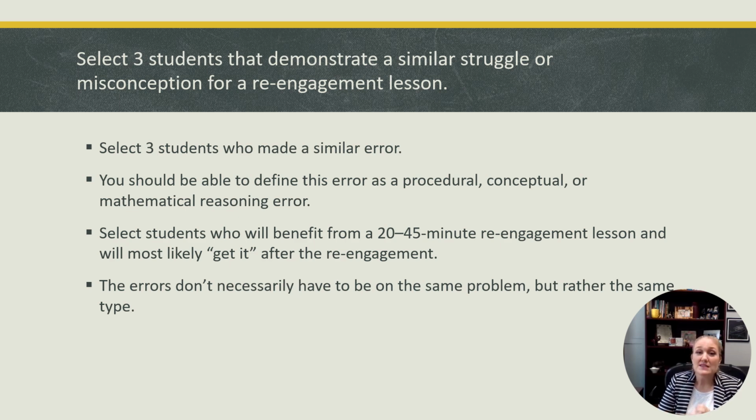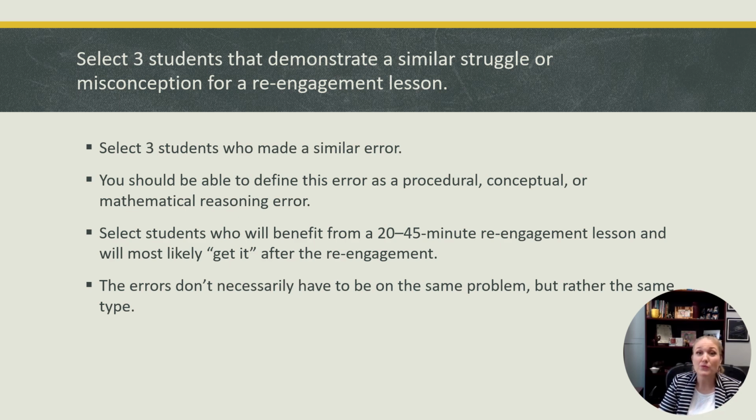You also want to select students that will benefit from a 20 to 45 minute re-engagement lesson, that they're going to hopefully get it after this re-engagement lesson. Yes, you're going to have students that are really, really struggling and really far behind and just seem completely lost, and they definitely need help.